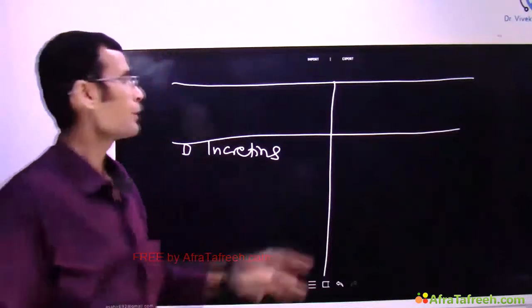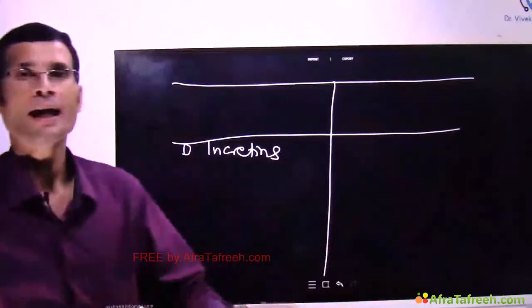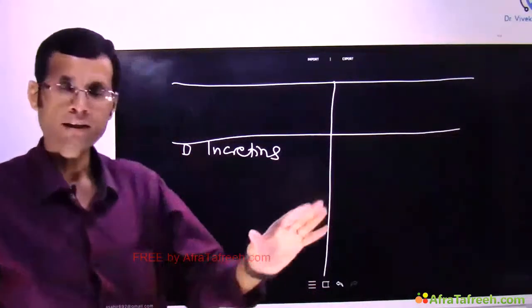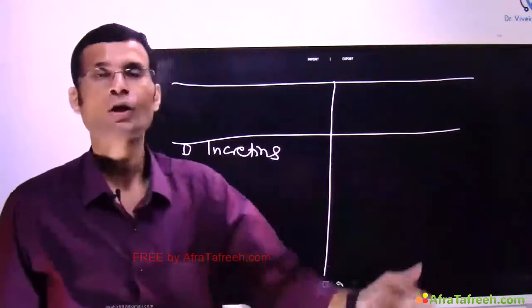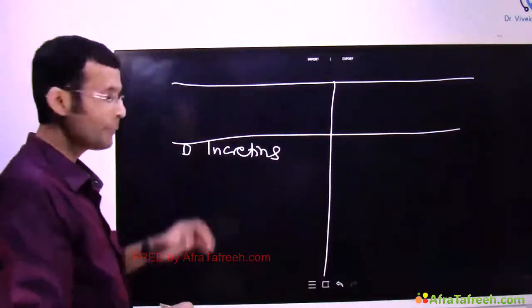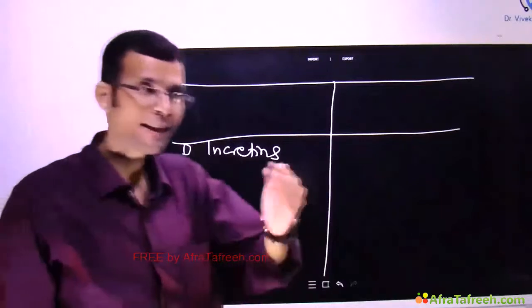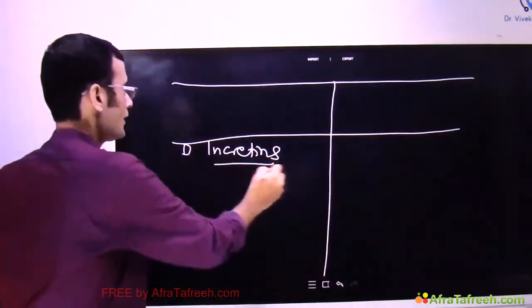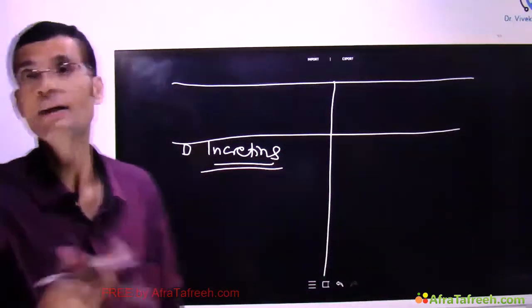Why? Because oral glucose has a double effect. A, it directly causes insulin release from the pancreas, and B, there is an incremental effect which is what is called incretins. What are incretins or the incretin effect?